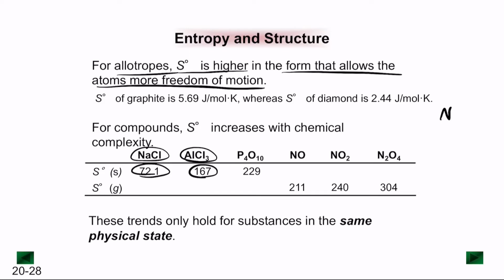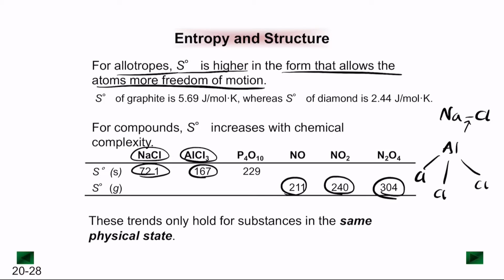NaCl has just one bond, so the vibration is only for one bond. But AlCl3 has 3 chlorine atoms that are bonded, which means more freedom and more vibrations, which results in a higher entropy. So the more complex the molecule, the higher the entropy. These trends only hold for substances in the same physical state, which is an important point to remember.